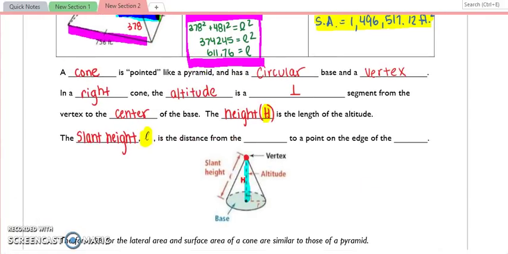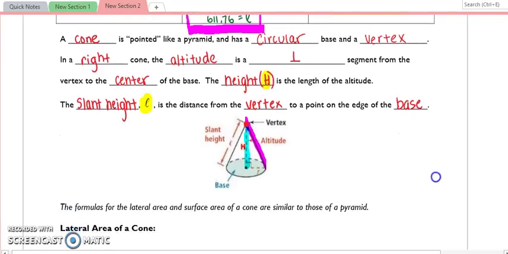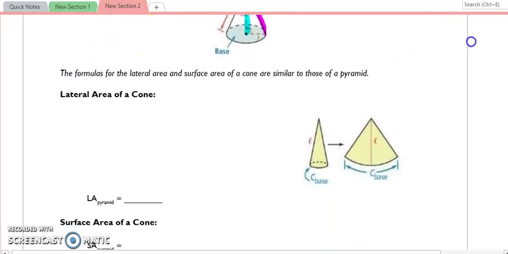And our slant height is just going to be represented using the distance from the vertex to any point that is on the edge of that circle, which is going to be our base. So this pink line, okay, is going to go ahead and be our slant height. So again, we have our height with capital H, and we have our slant height.